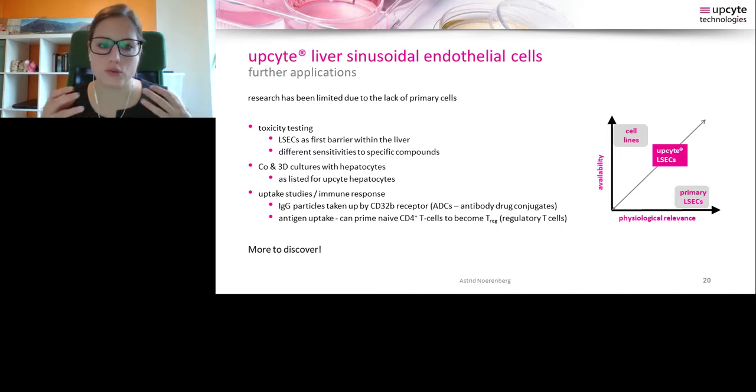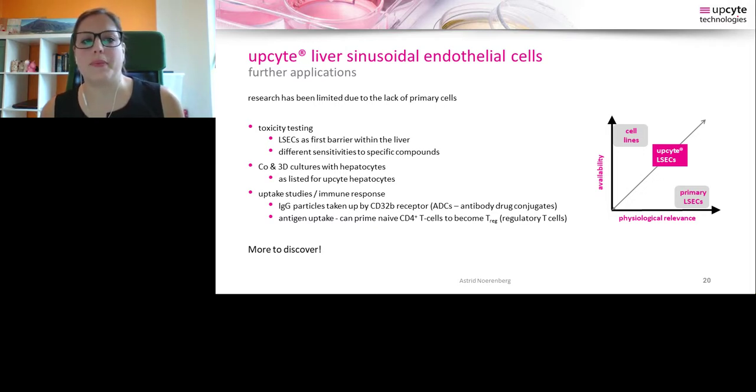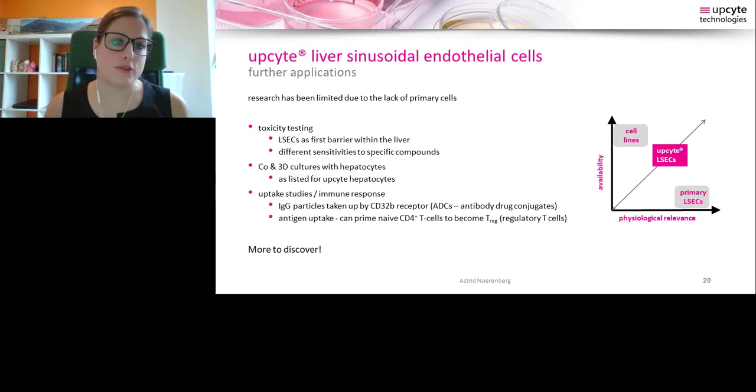And they also play an important role for antigen uptake and antigen presentation within the liver. So there's definitely a lot more to discover. And we're really hoping that we can convince people who are working with hepatocytes also to look at the other cell types of the liver.